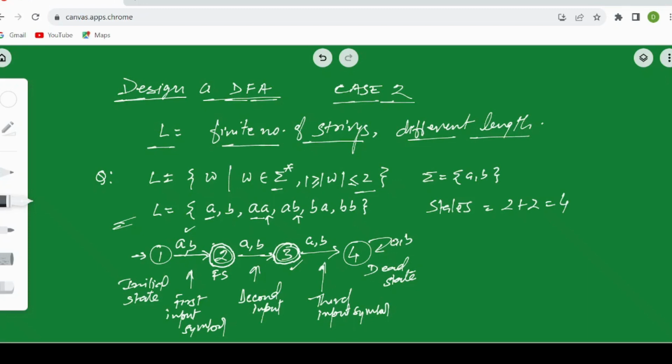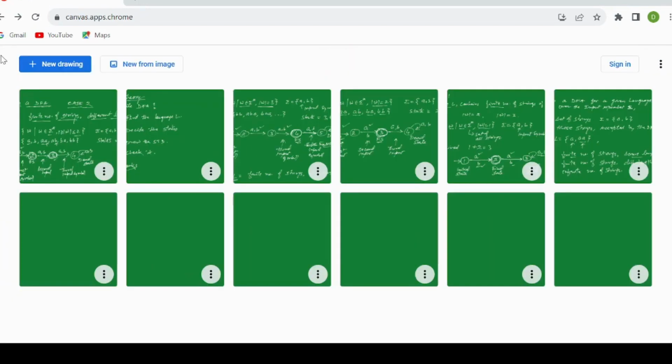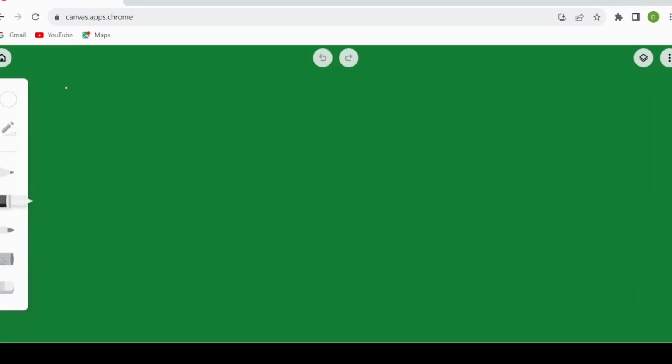Let's take one more example. Here the language given is L is the set of strings W such that W belongs to sigma star, and the length of the string is greater than or equal to 2 but less than or equal to 3.